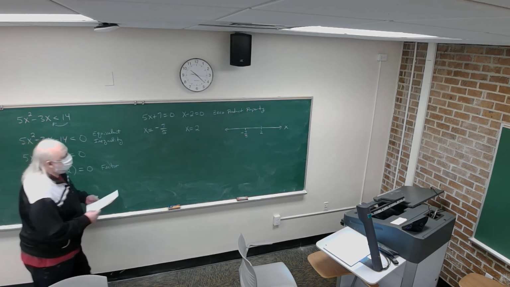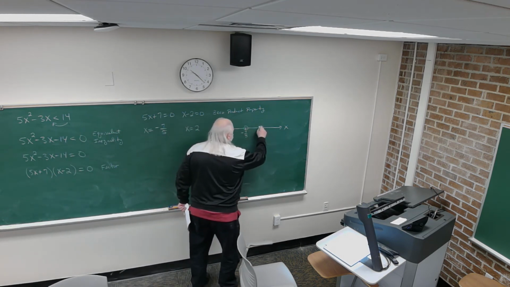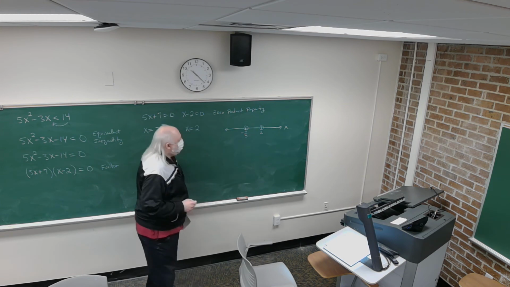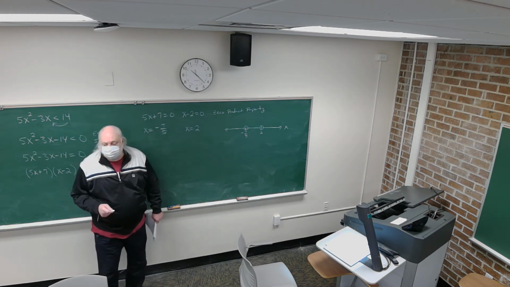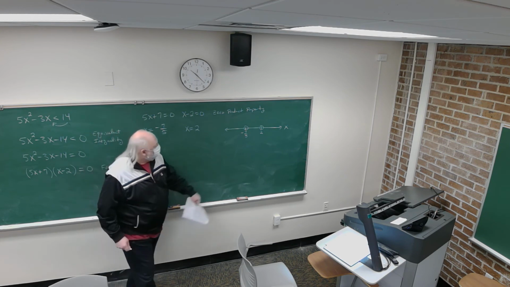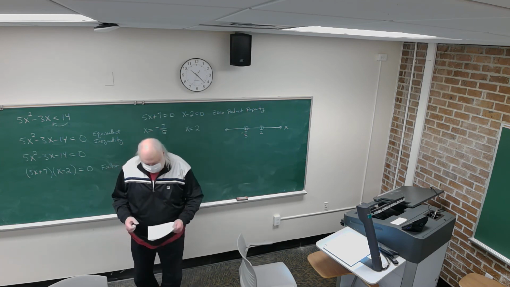And that's the same for plus 2. So I'm going to put an open circle at minus 7/5 and an open circle at plus 2 to indicate those two numbers are not in our solution set. And now we're going to do the test point method for each of those 3 intervals.